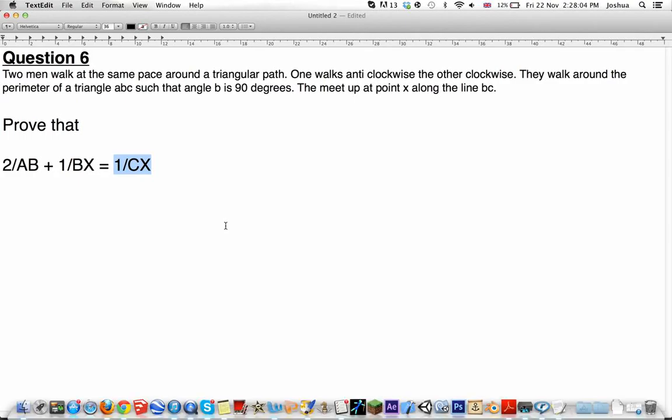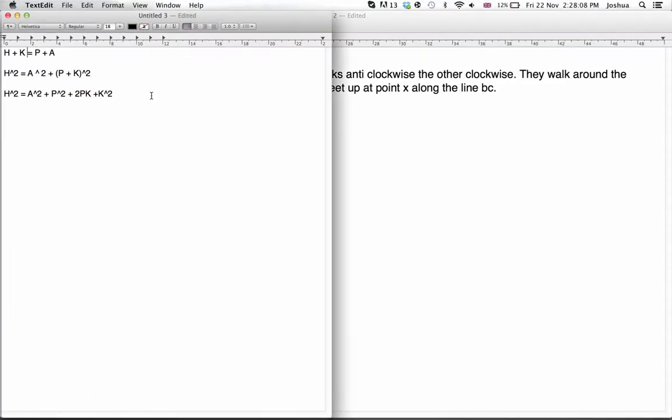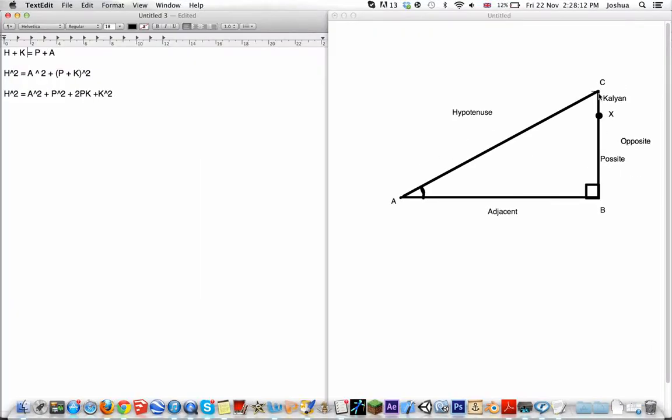We want the answer to be the reciprocal of Kalyan. So let's get everything arranged. We have two equations which we can work with. It's going to take a lot of rearranging to get this sorted, but we can also do some cancellations.